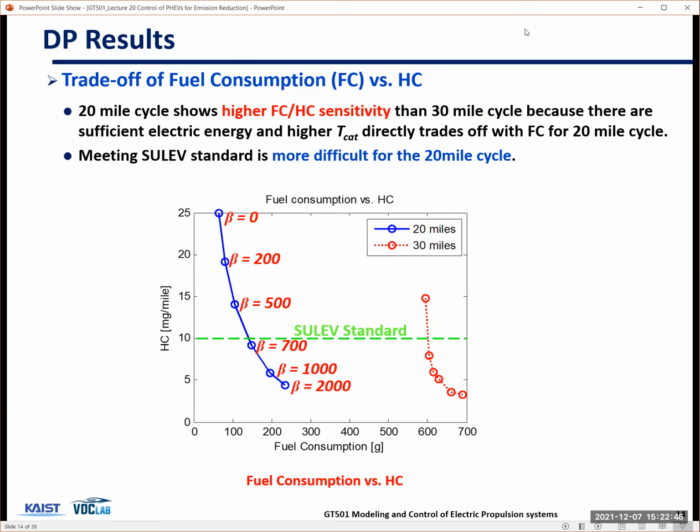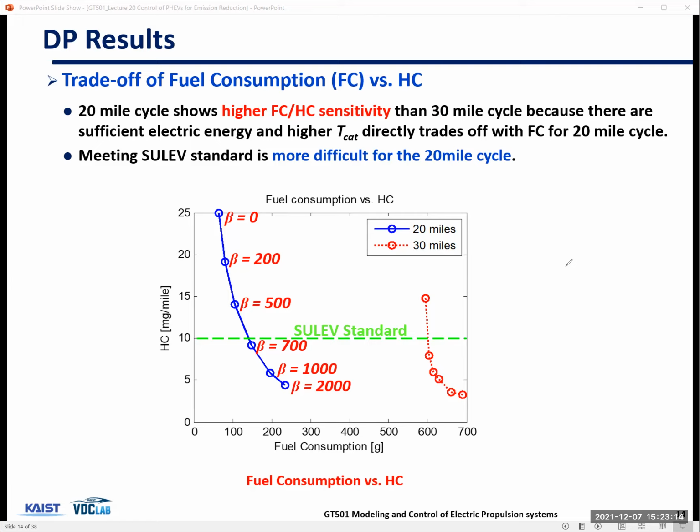So now we are interested in emission, hydrocarbon, and here's the hypothesis, right? If you only focus on fuel economy, the engine will not be used often. Engine usage will be minimized, but that's going to create this emission problem.